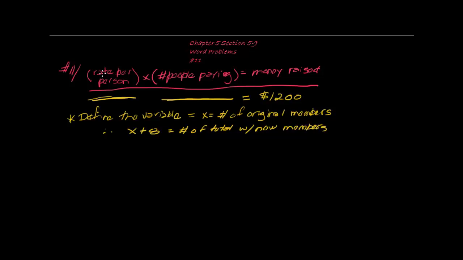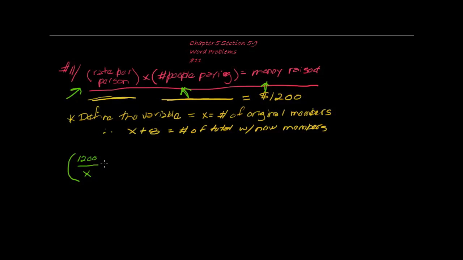Now, how are we going to raise this money? Well, this money will be a function of, and I'm choosing that word specifically, how many people and cost, and that's going to equal $1,200. So what is the rate per person with this newly expanded number of people? Well, it's $1,200 divided by x, which is the original number. If they just had the original number, that's how much it's going to cost per person.